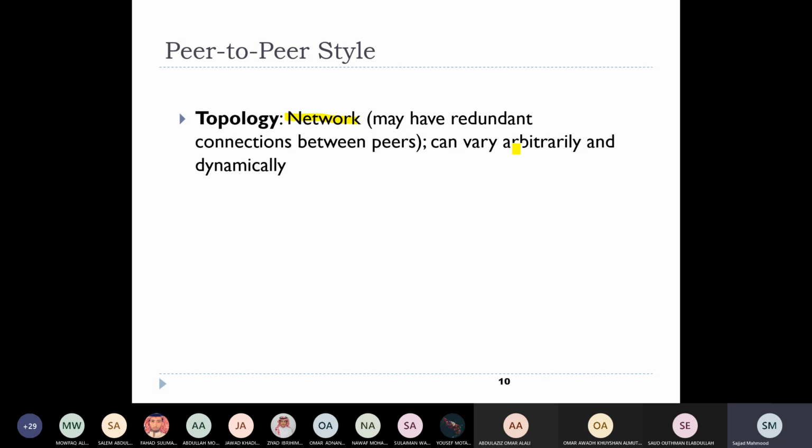The dynamics of this topology can be very arbitrary and dynamic, in the sense that peers can join the network and they can leave the network. A given P2P system can consist of millions of peers and could be as small as maybe three or two. This is a unique characteristic of the P2P architectural style.